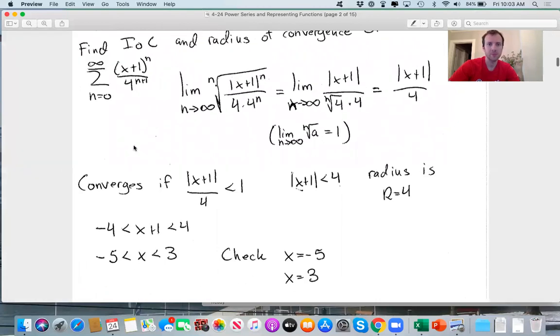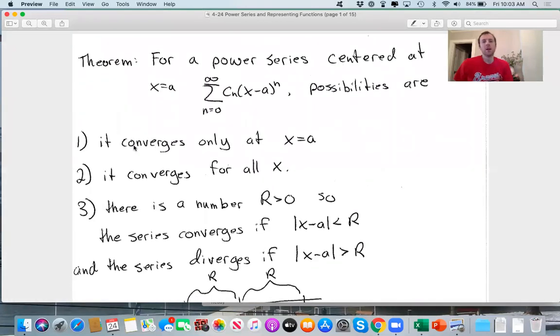What we introduced last time was this idea of what's called a power series. And a power series is a series with a variable in it where the question isn't, does this converge or diverge, but rather, for which x does it converge?